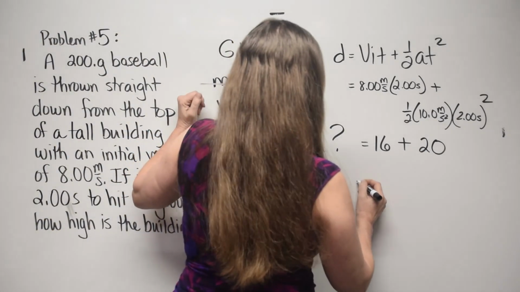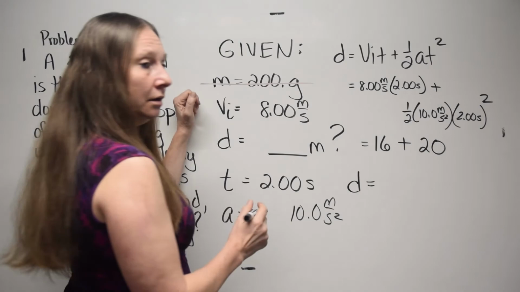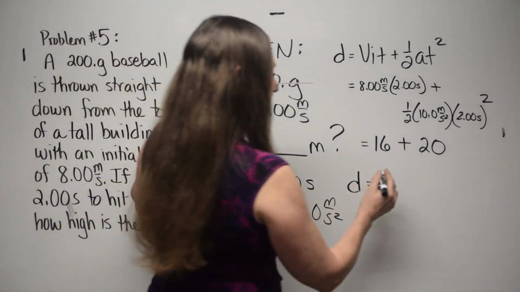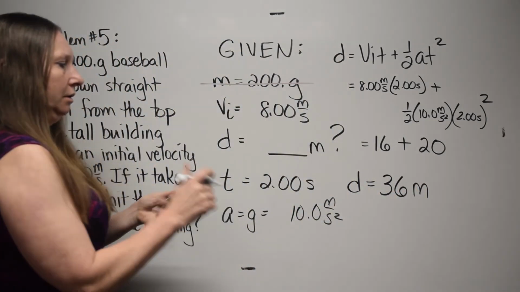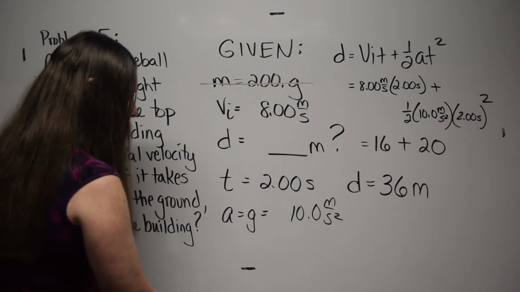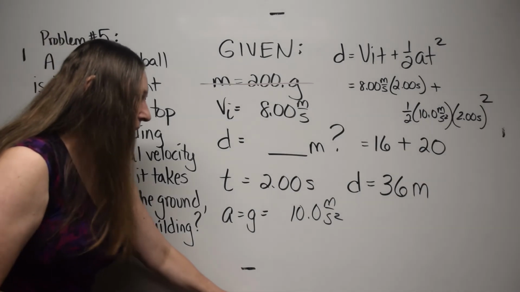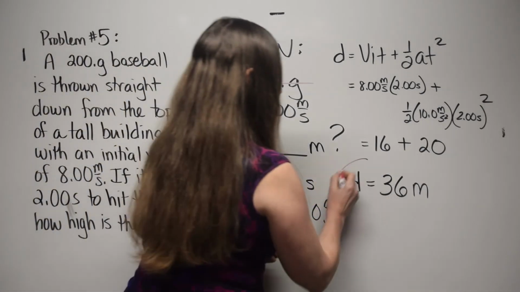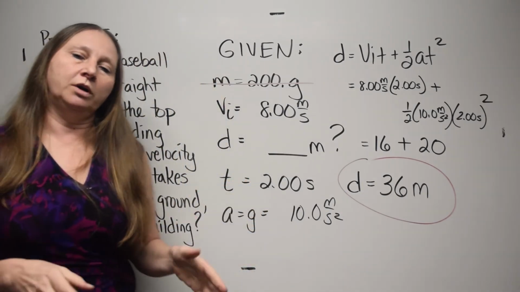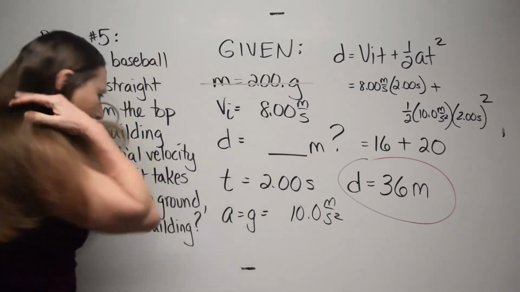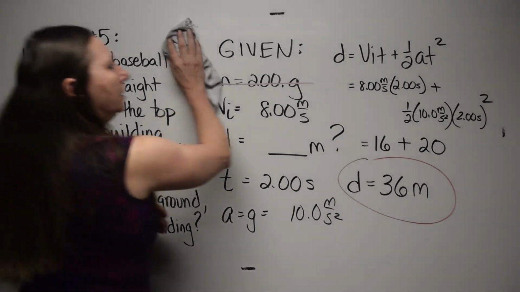So the height of the building, the distance, is 36 meters. So yes, the building is greater than 20 meters. Our prediction was correct.